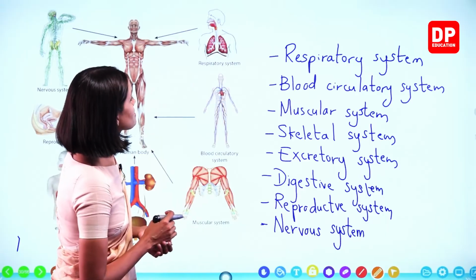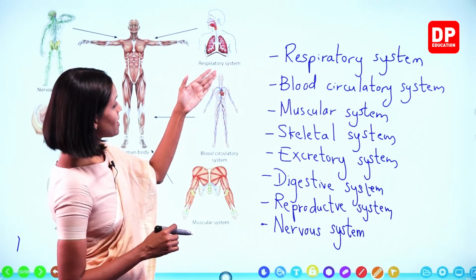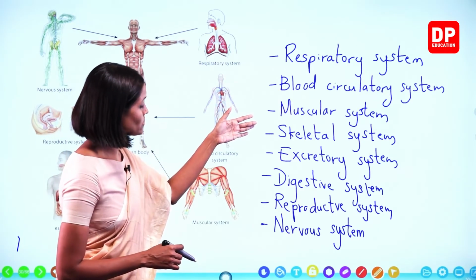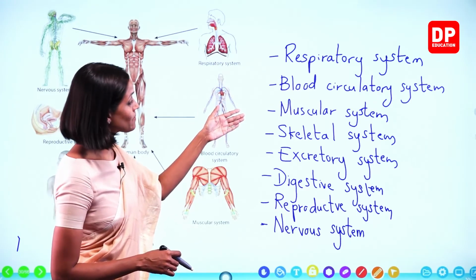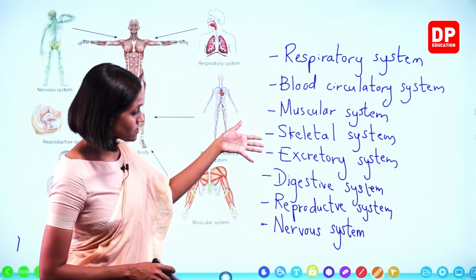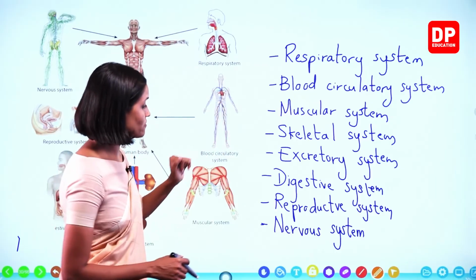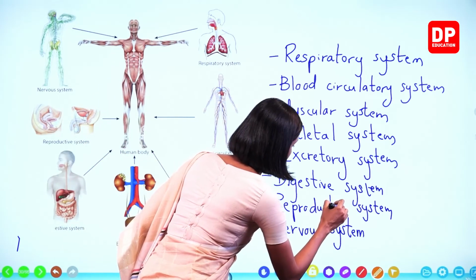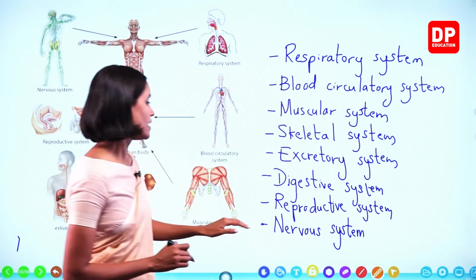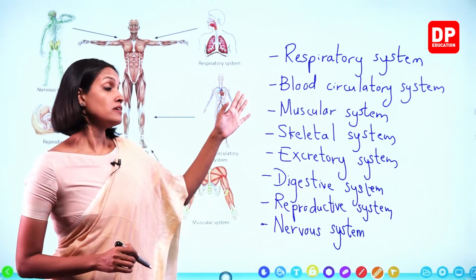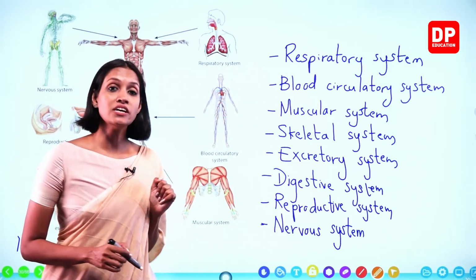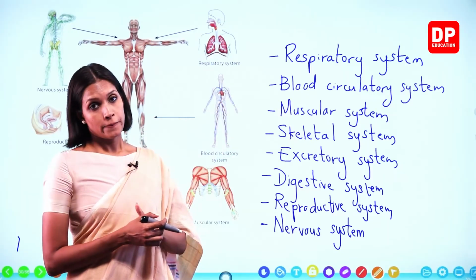Right, children? Respiratory system, blood circulatory system, muscular system, skeletal system, excretory system, digestive system, reproductive system, and nervous system. These are the main systems present in the human body.